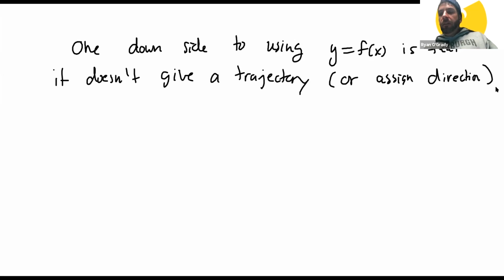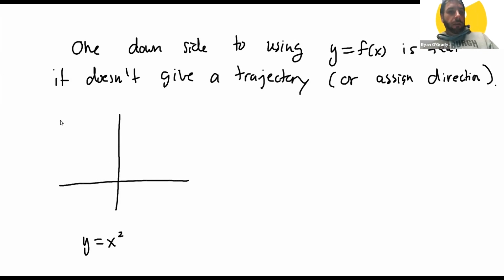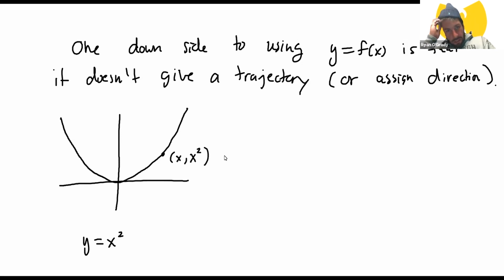Now that might be meaningless to you right now, but let's think about it. If I were to just graph y equals x squared, well, we know that's this parabola. The way I define this curve is all the points where I have every x coordinate, and then you square the x coordinate. That's how you get the y coordinate. But that doesn't really give us anything about direction. What I mean by that is, imagine an object was moving along this curve. How do we know if it's moving this way? How do we know if it's moving this way?